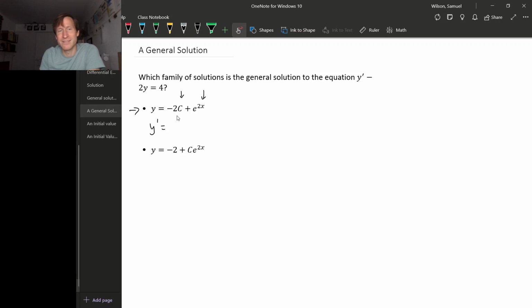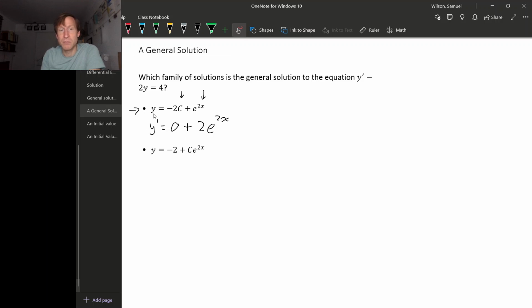So I guess the math jargon way to say that is c parameterizes the family of solutions. So c isn't a variable, c determines which function you're talking about. Okay, so for any single function in this family of functions, c is a constant. So when we take a derivative with respect to x, this first term just gives us 0, plus 2e to the 2x.